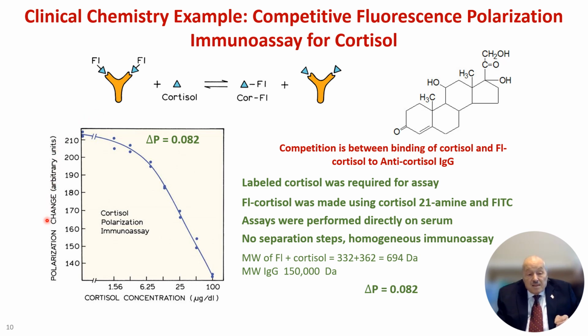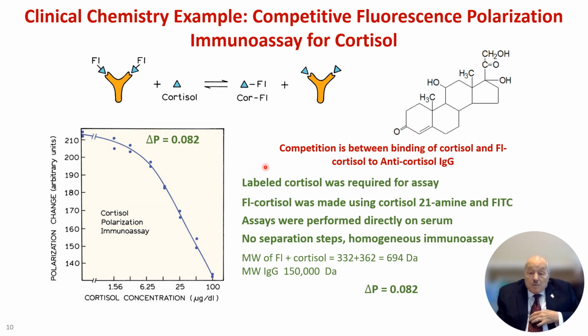So we look at the polarization versus the cortisol concentration, like your calibration curve. And as the cortisol concentration goes up, you displace more and more of the labeled cortisol from the antibodies, and that rotates faster and the polarization goes down.